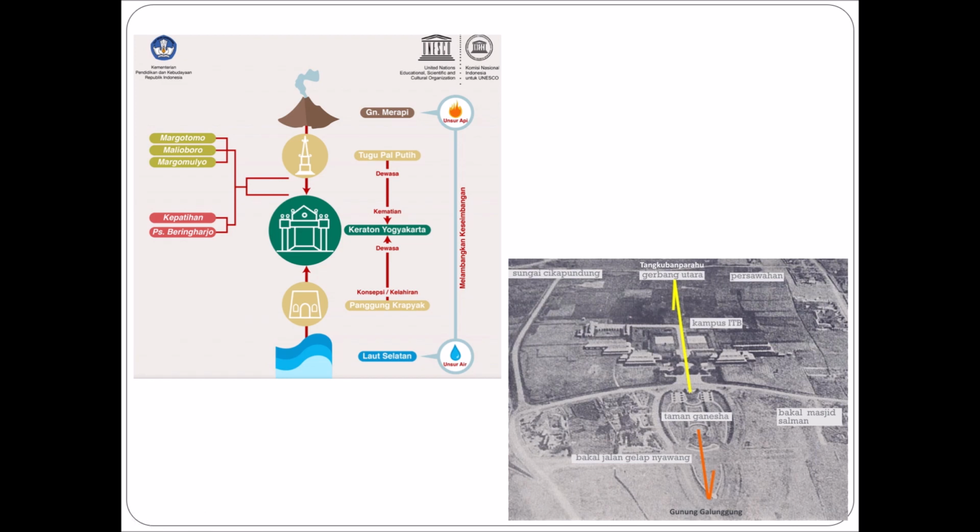The north direction is toward Tangkuban Perahu mountain, and the south is toward Gunung Galunggung. ITB has a line that is not occupied by any monument or building. The line connects the Tangkuban Perahu view to Gunung Galunggung.